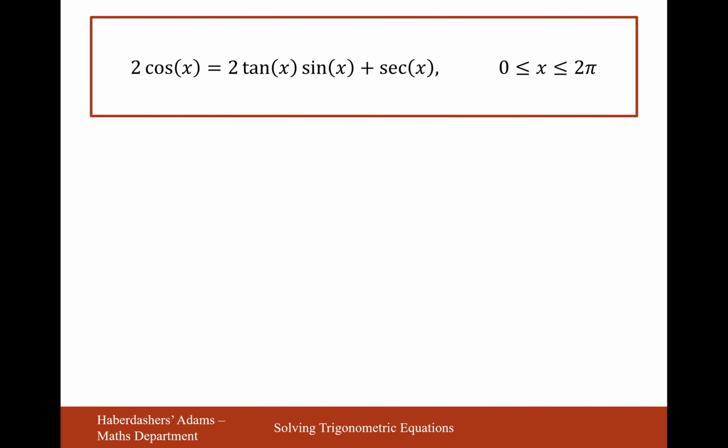Okay, let's move on to the next one. Wowzers. Okay, so the first thing I'll do is I'll write it out in terms of sines and coses. So it'd be 2 cos x equals 2 sine squared x over cos x plus 1 over cos x.